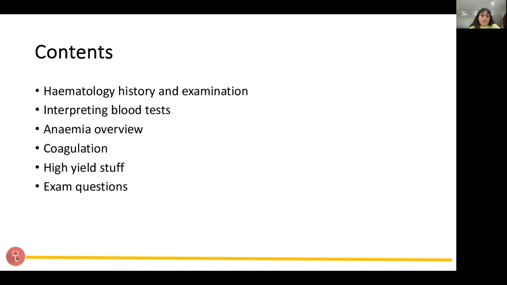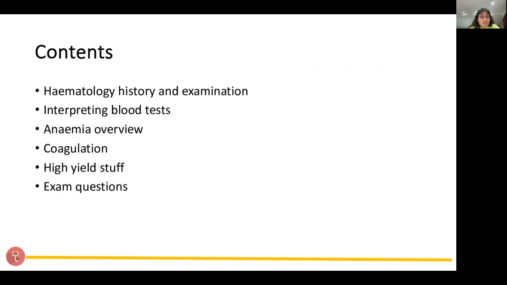So in terms of what we're going to cover today, I'm going to go through how to take a hematology history and examination. It doesn't tend to come up in OSCEs too much, but I think it's just important to know how to do it in general because hemes are part of so many different specialties.